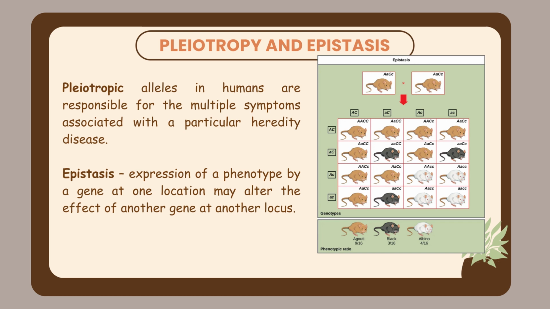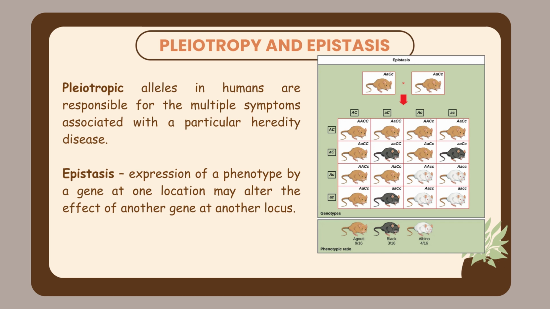Now let's move on to pleiotropic alleles. Pleiotropic alleles in humans are responsible for the multiple symptoms associated with a particular disease. Next is epistasis, where the expression of a phenotype by one gene may alter the effect of another gene at another locus. Phenotype is the visible characteristics of organisms.